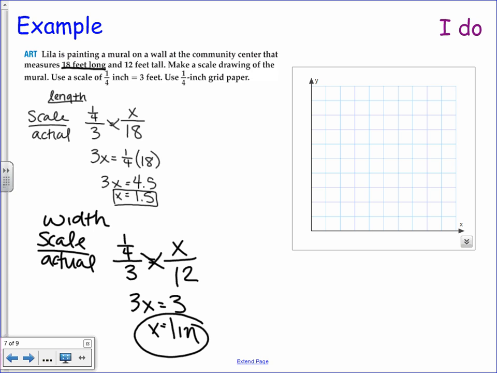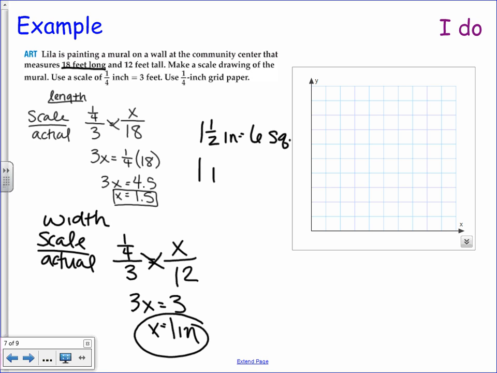Well, each square over here represents 1/4 inch. So if I have 1.5 inches, that represents 6 squares. Well, how did I figure that out? How many quarters are in 1? There's 4, right? And how many quarters are in a half? 2. Well, 4 plus 2 is 6 squares.